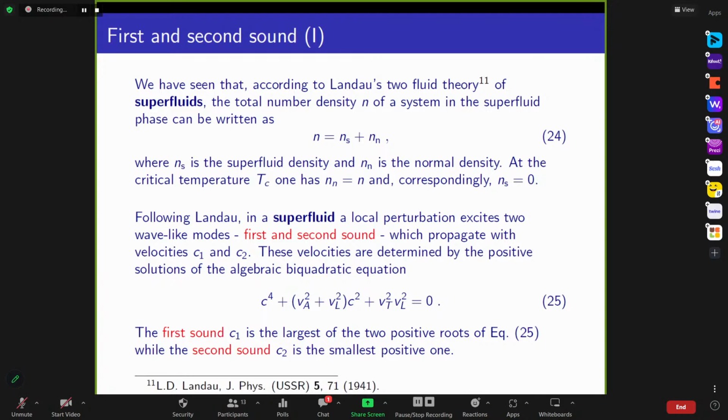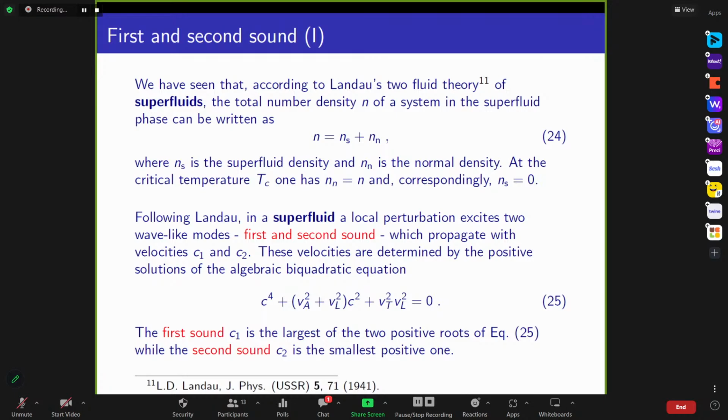Now, another important result of Landau is that if you are working close to equilibrium and doing a small perturbation around the uniform superfluid, considering small deviations around the equilibrium for the density and also for the temperature.